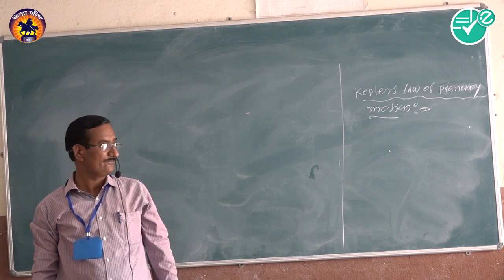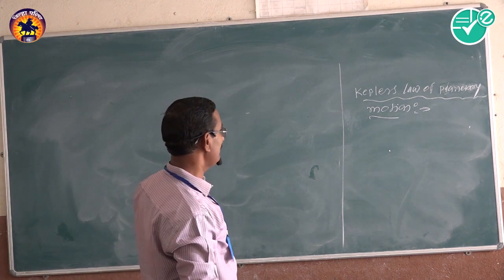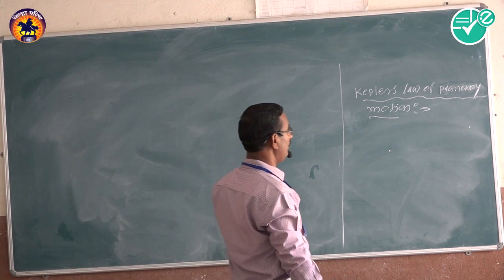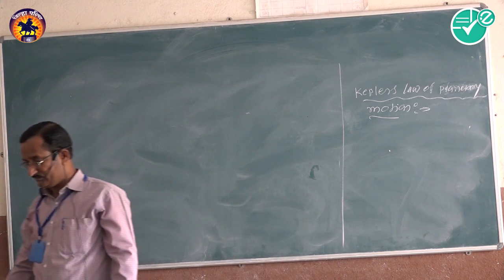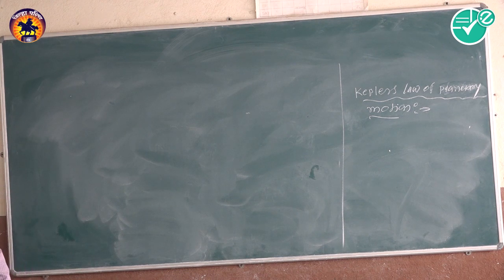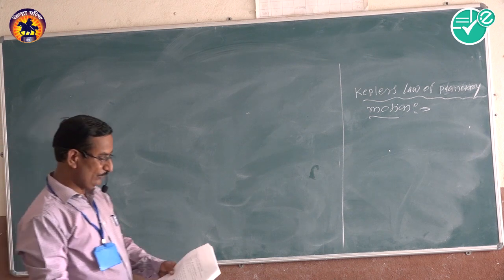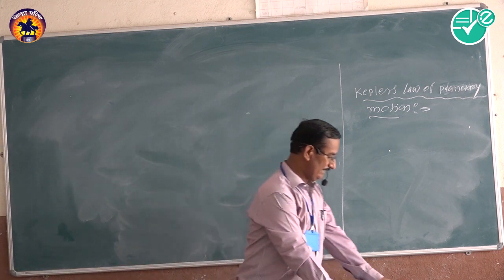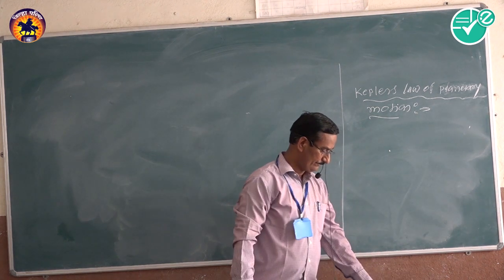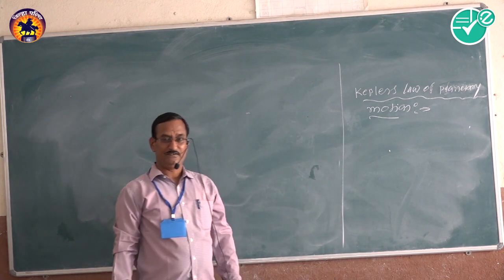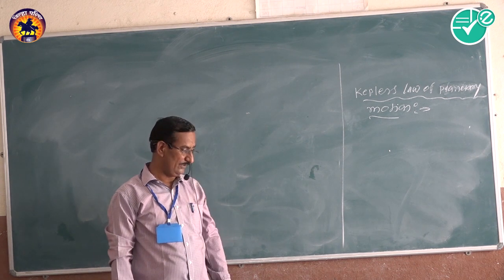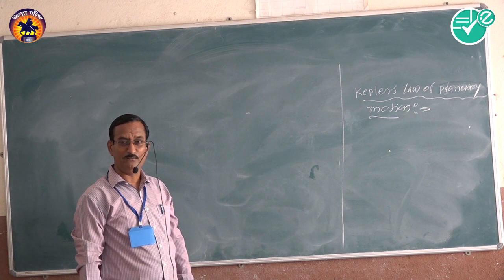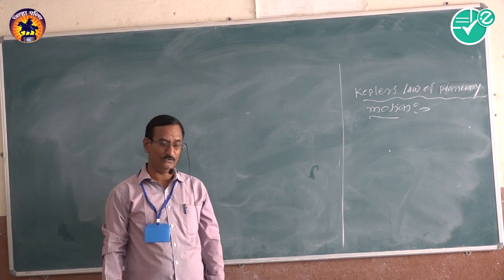We have to see the next article, that is Kepler's laws of planetary motions. The scientist Kepler stated three laws about planetary motions. Those three laws are Kepler's first law, Kepler's second law, and Kepler's third law.